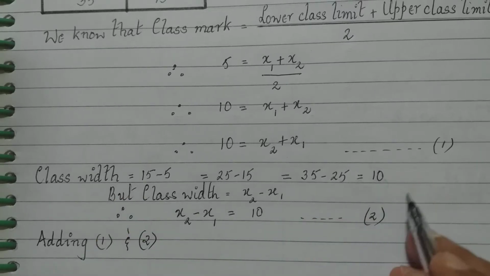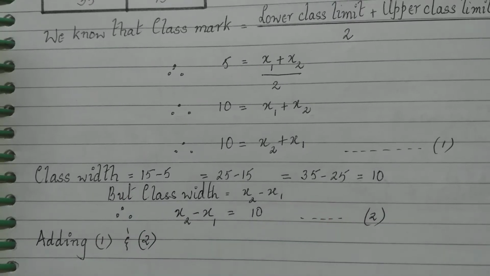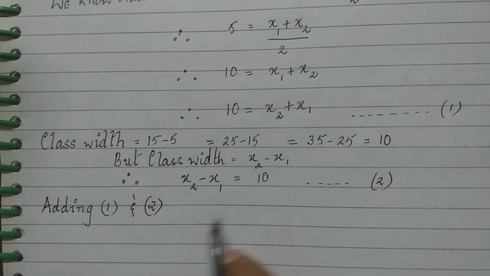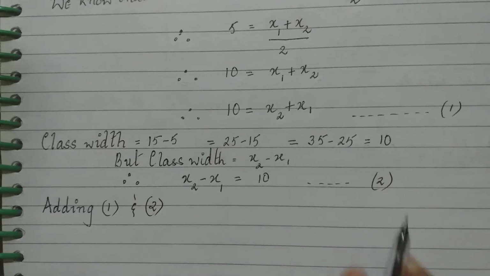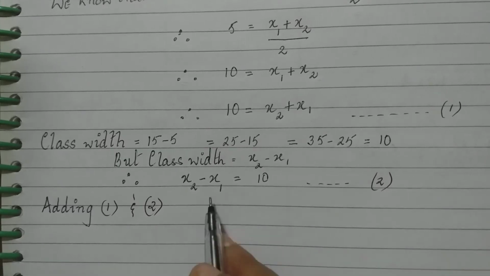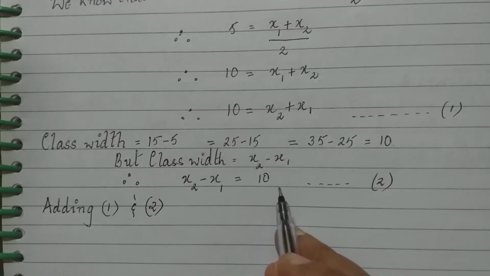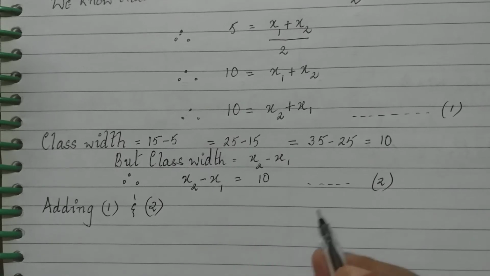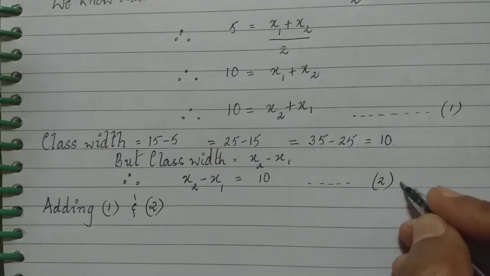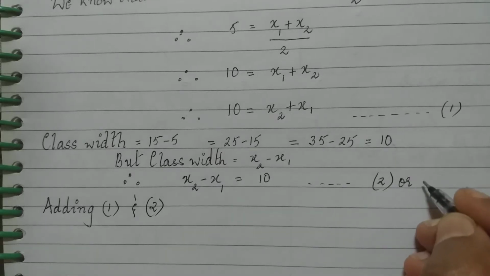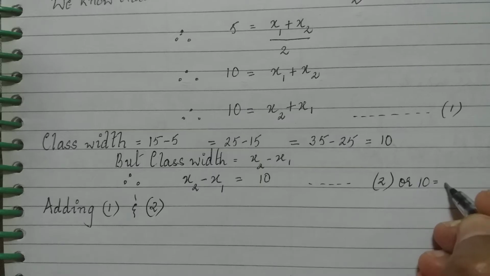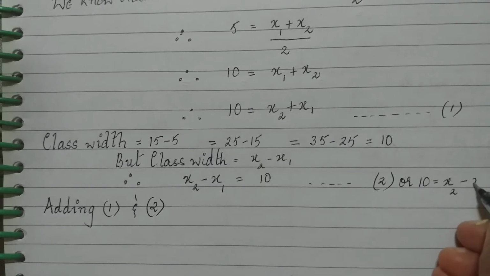Here class width is 10. Therefore we have x2 minus x1 is equal to 10. We can also write it as 10 is equal to x2 minus x1.